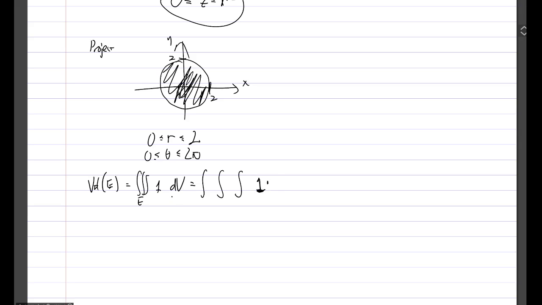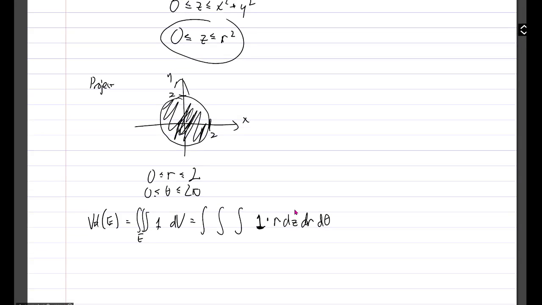The dV turns into r dz dr d theta. Since z is on the inside, scrolling back up, we had 0 to r squared, then r is the middle integral, 0 to 2 as we see right here, and theta goes from 0 to 2 pi as we see here. The integral is set up.